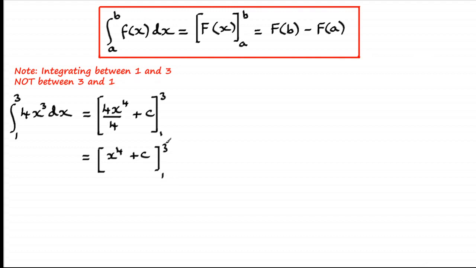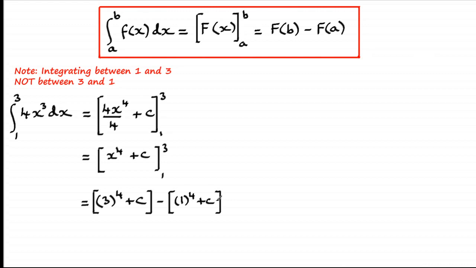So we start by substituting x equals 3 in here. And if you do that, you're going to get this result, 3 to the power 4 plus c. And then from here, we subtract what we get when we put the 1 through. And if you put the 1 through, you're going to get 1 to the power 4 plus that constant c again.